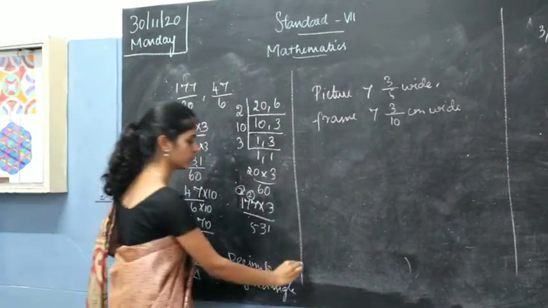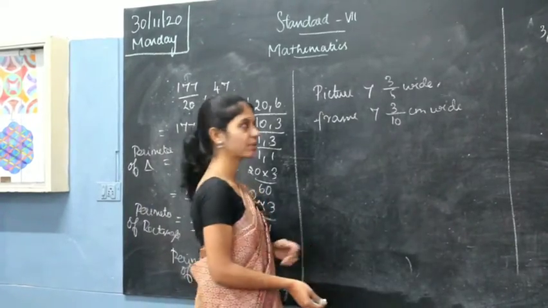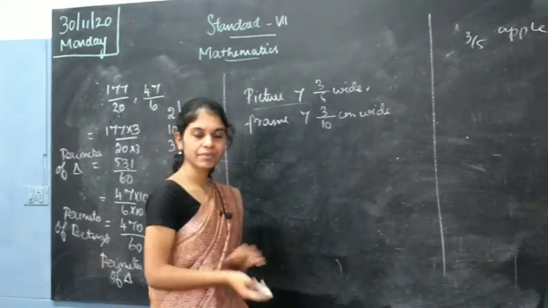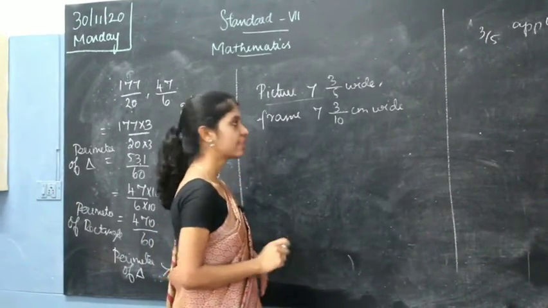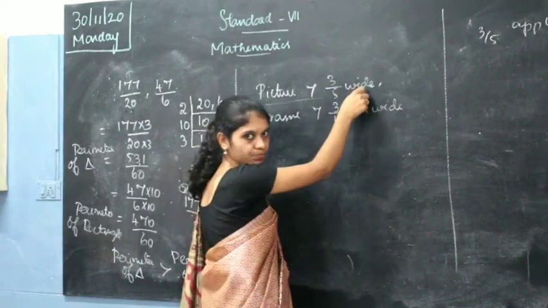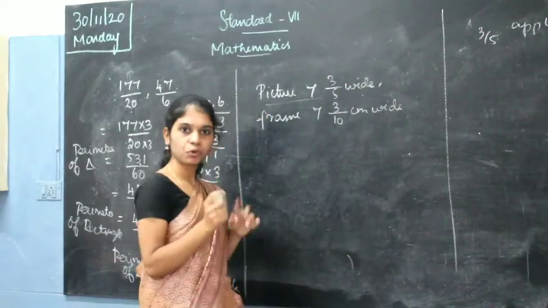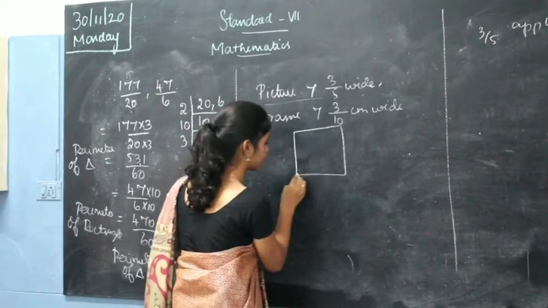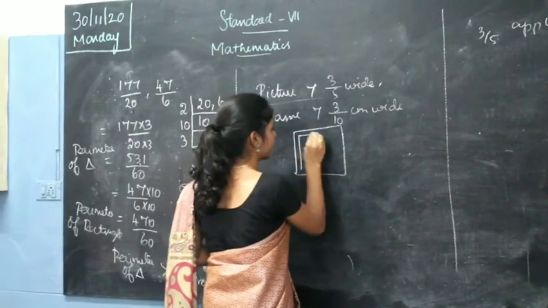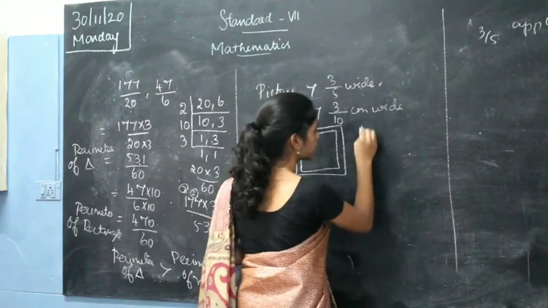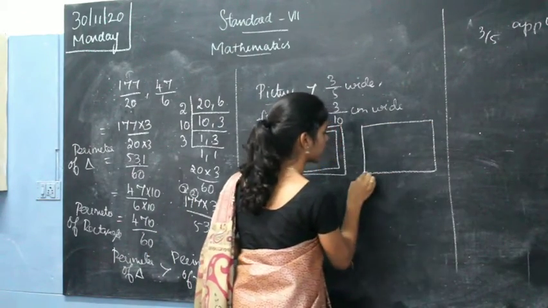Okay. So now we are moving on to the next problem, which is they have given us a picture. That picture is 7 3 by 5 wide, and we have to put that into a picture frame. So let's consider this as a picture frame and this to be the picture.